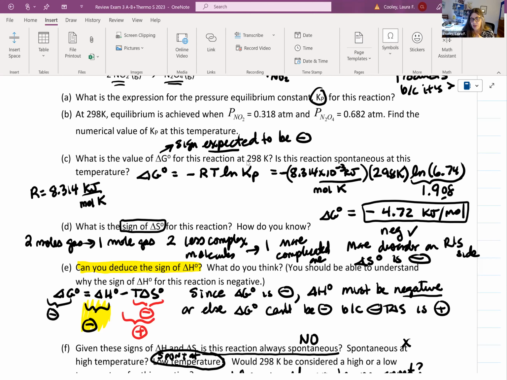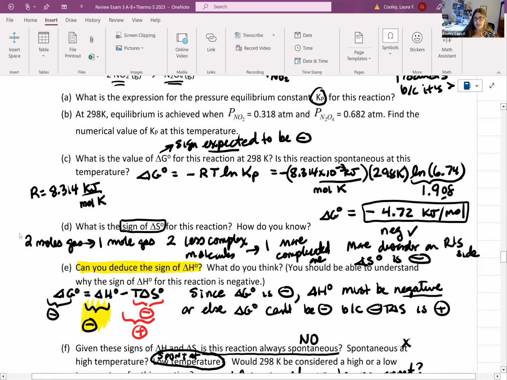If you have several smaller molecules that make up a bigger, more complex molecule, that complex molecule can't move around as independently as all those molecules that we used to make it up. It cannot disperse heat as easily as separated molecules. So 2 moles of gas going to 1 mole of gas, you've decreased the ability of that system to disperse heat.